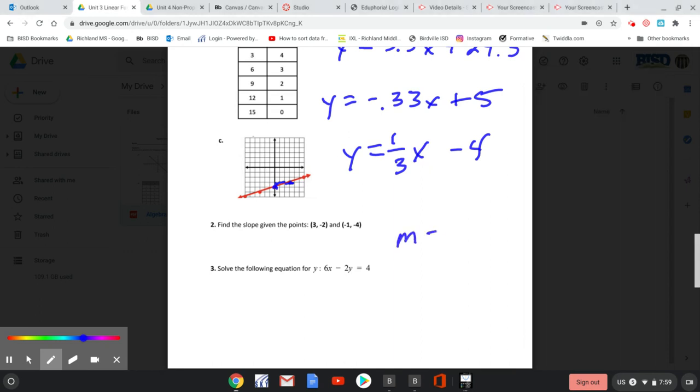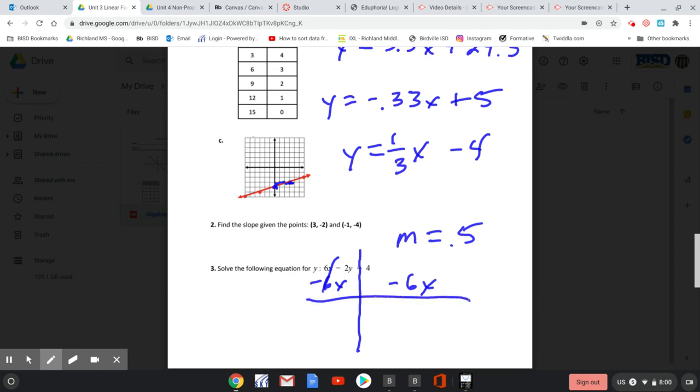So m equals 0.5. This one, they want you to solve for y. So that's easy enough. We need to move the 6x over. That goes away. And now we have -2y equals 4 minus 6x.